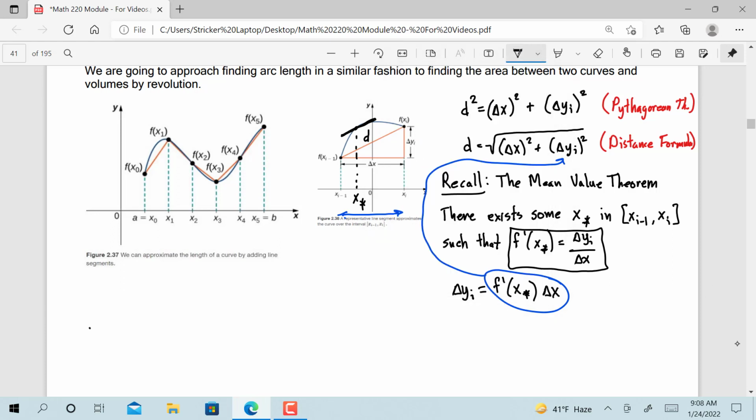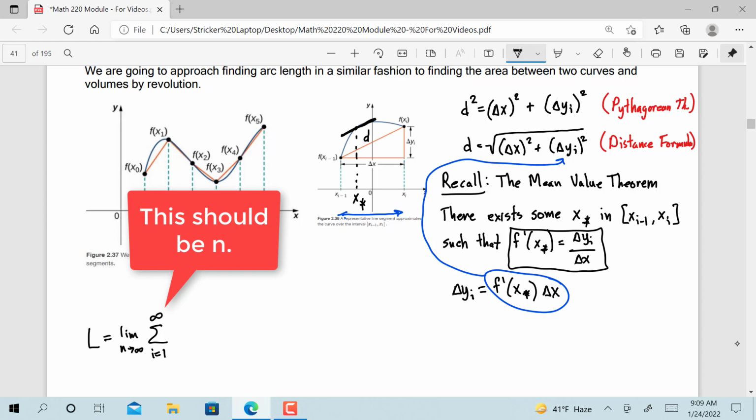And we usually call that L. In order to find arc length, we're going to use calculus. We're going to take the limit as n approaches infinity of a Riemann sum going from i equals 1 to infinity of that quantity that we just found.